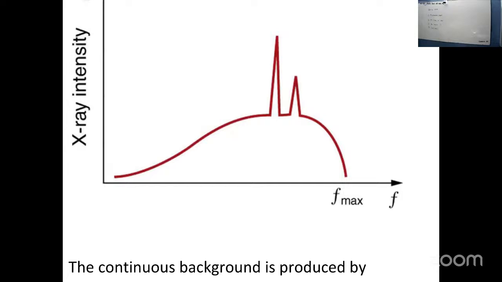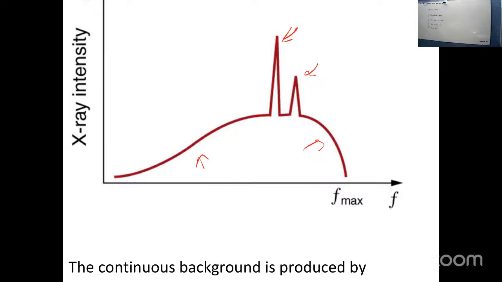Can anybody re-explain it? These are the characteristic X-rays. These are the continuous. What produces the characteristic X-rays? When one of the electrons knocks off a deep lying electron in the target material, and the next electron takes its place.